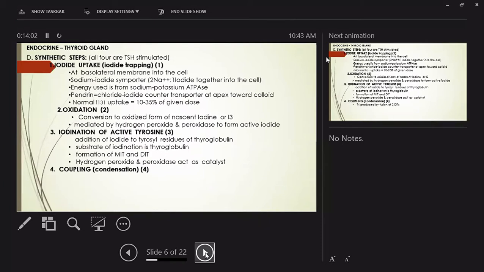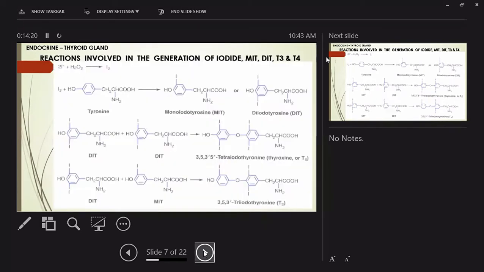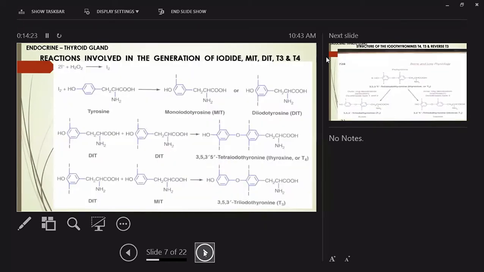DIT plus DIT will form your T4. Two DITs. This is still peroxidase mediated coupling. So this is the reaction.